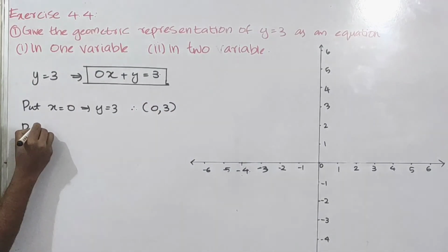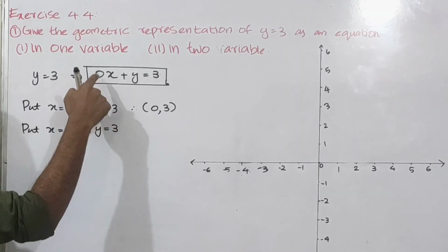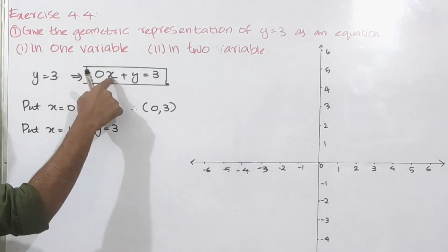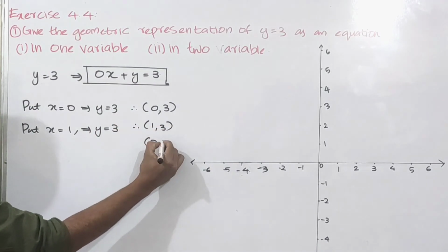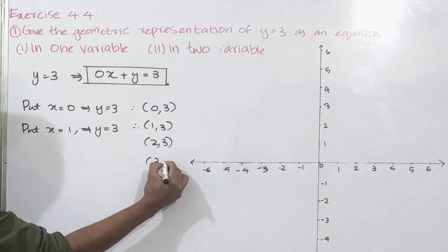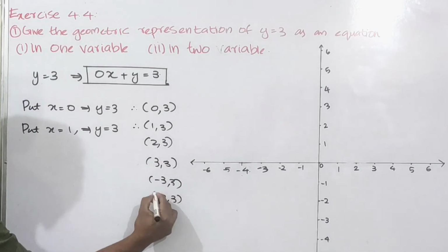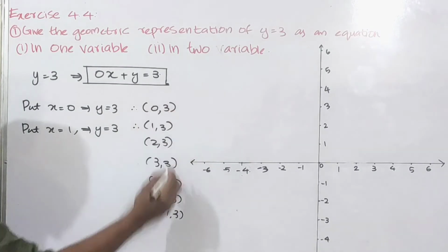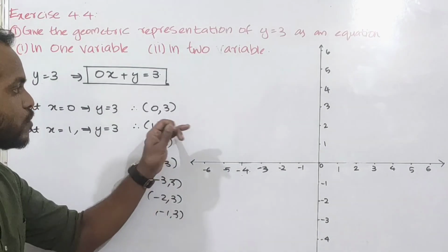Then put x is equal to 1: 0 into 1 is 0, plus y is equal to 3, therefore 1 comma 3 is the next point. Then 2 comma 3, 3 comma 3, minus 3 comma 3, minus 2 comma 3, minus 1 comma 3. All the points have 3 as the y coordinate.